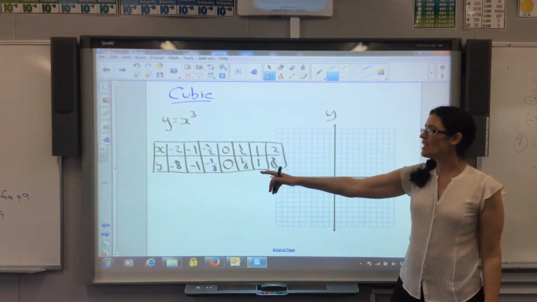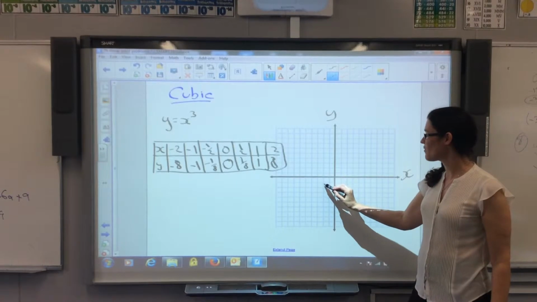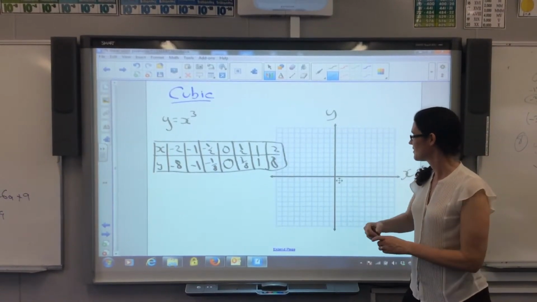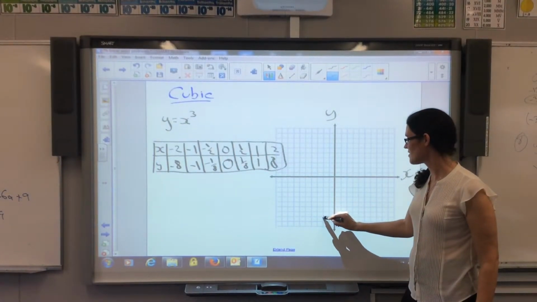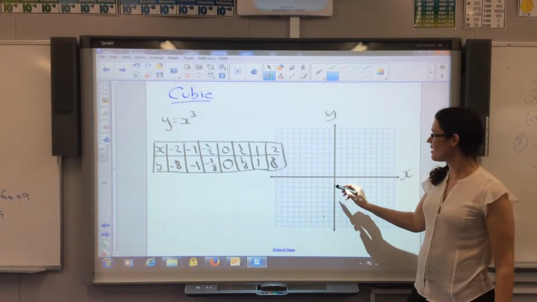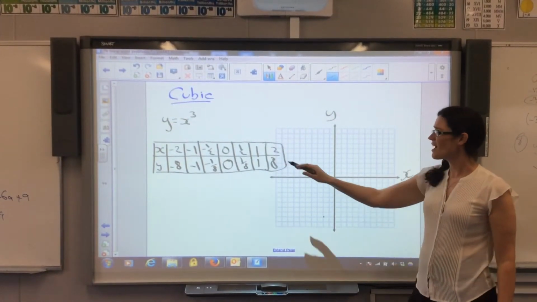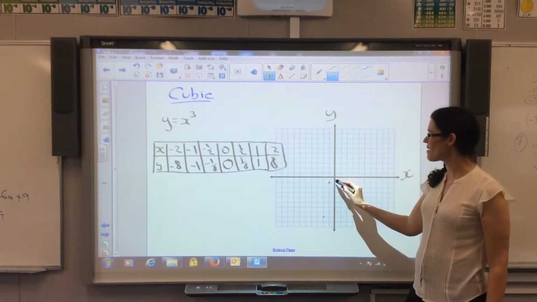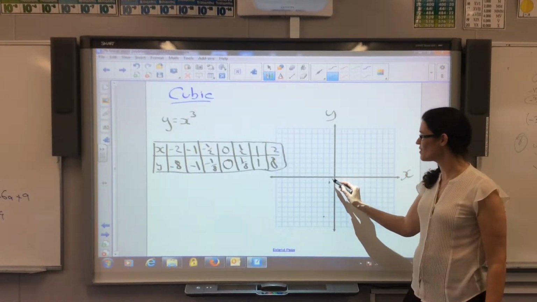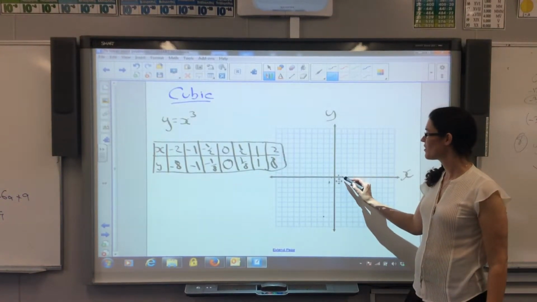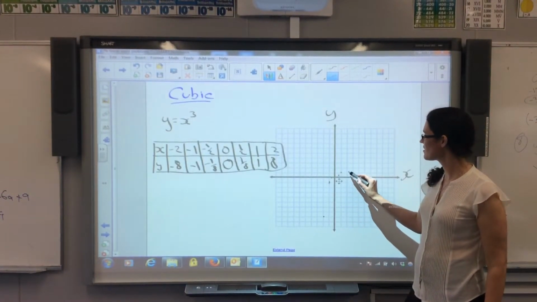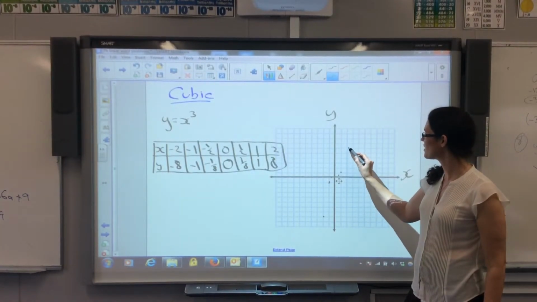So at -2, I've gone to -8. At -1, I'm at -1. At -1/2, I'm at -1/8. So I'm almost there. Right at 0, 1/8, 1 and 8.